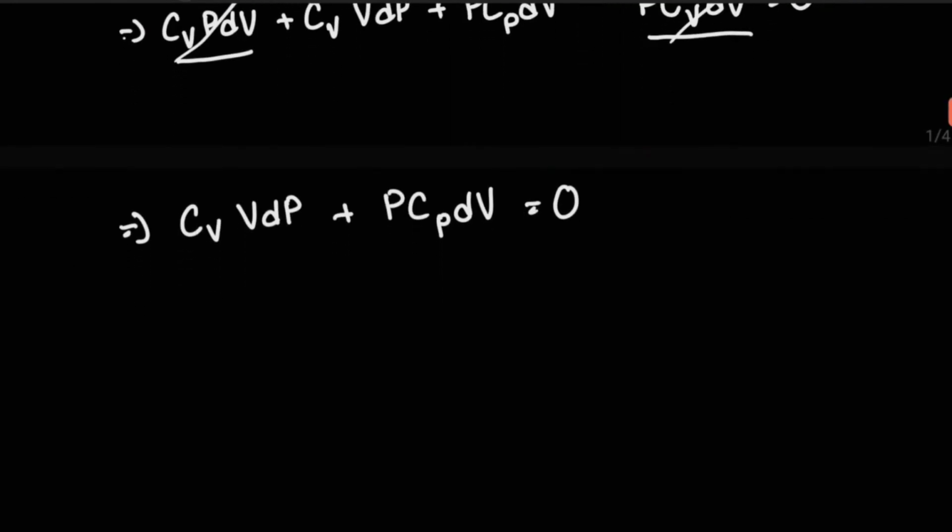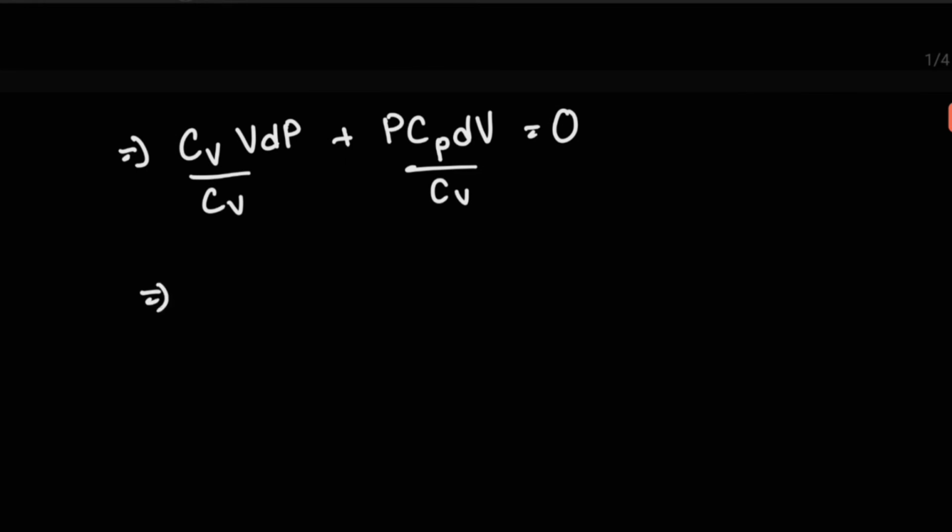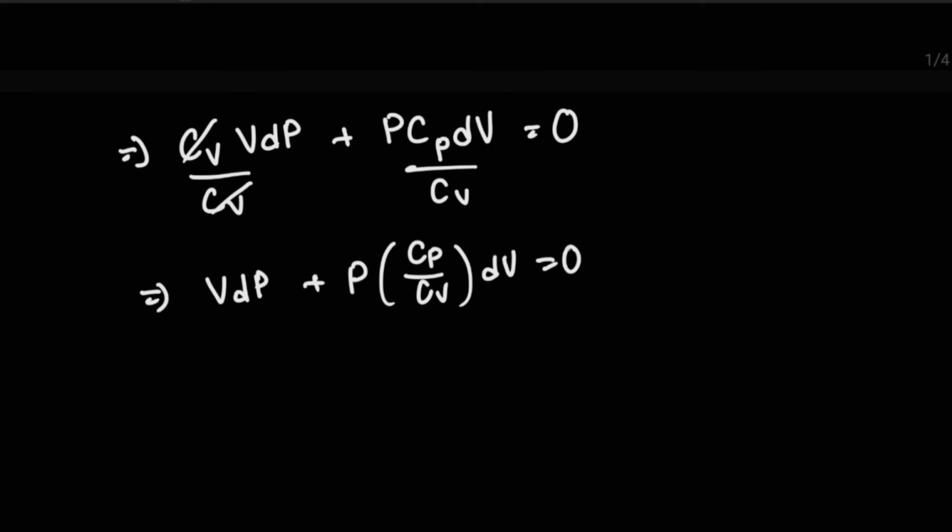Now we divide both sides by Cv. The Cv's cancel over here, and we get V dP plus P Cp over Cv times dV equals 0.